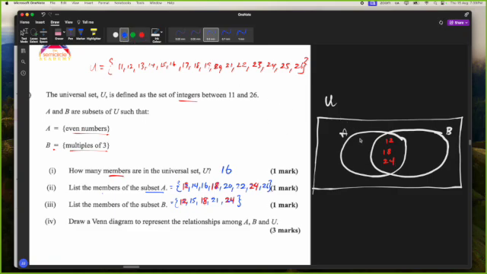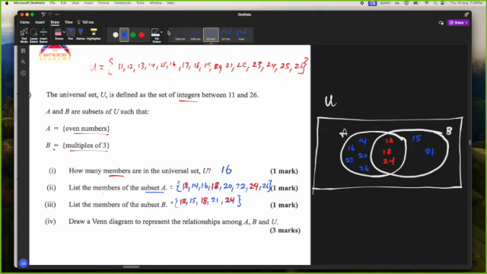In A only, I'll have 14, 16, 20, 22, 26. In B only, I'll have 15 and 21.